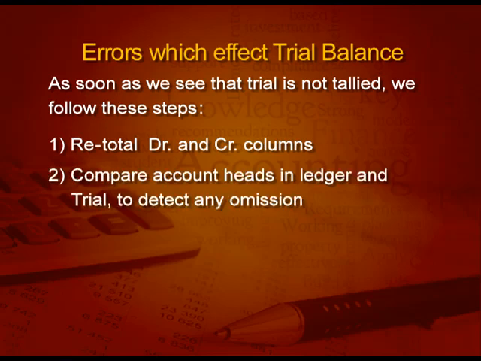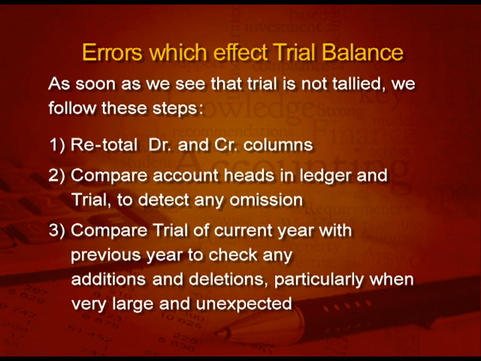Second, we compare the account heads in the ledger and the trial to detect if there is any omission. Third, we compare the trial balance of the current year with the previous year to check whether there is any addition or deletion, particularly when very large or unexpected.